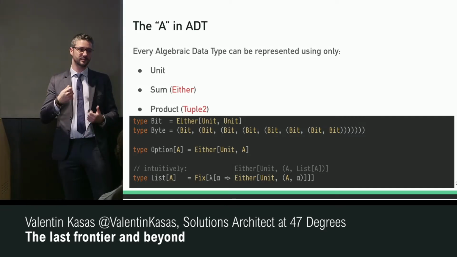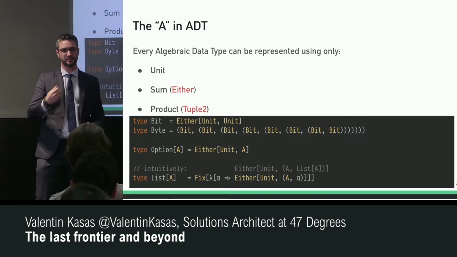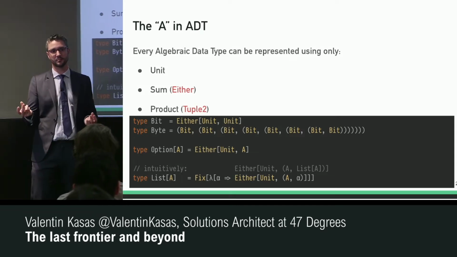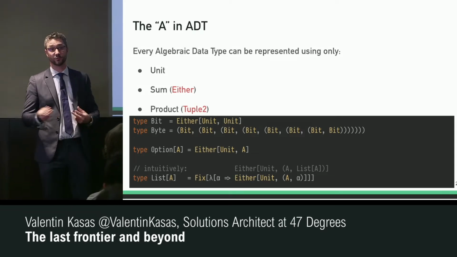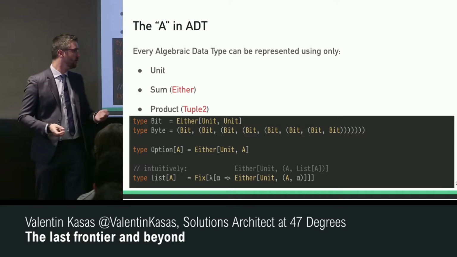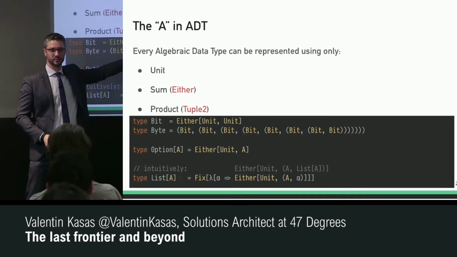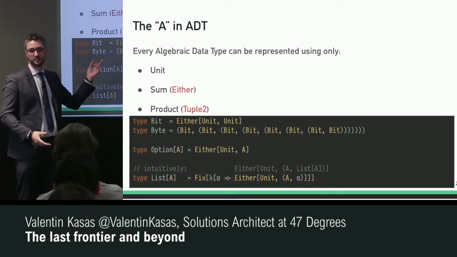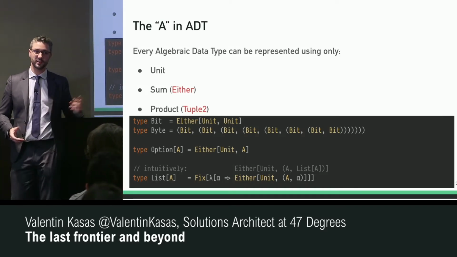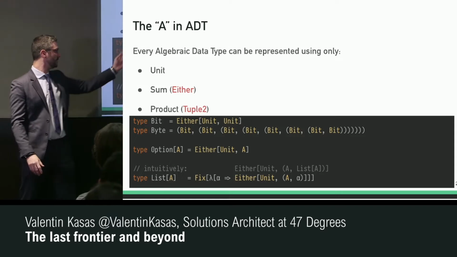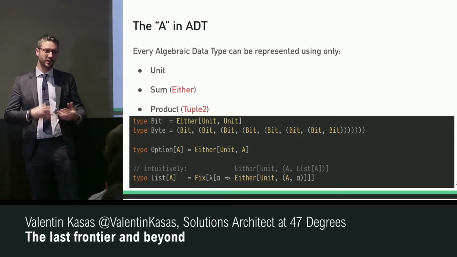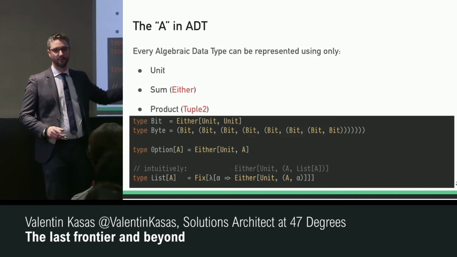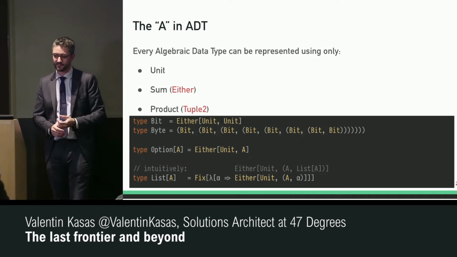Either A B has as many inhabitants as the number of inhabitants of A plus the number of inhabitants of B. That's why it's called a sum. So Either Unit Unit has 1 plus 1 equals 2 inhabitants. That's exactly the same as Bit, 0, 1. So there is an isomorphism between the two. Actually, there are multiple isomorphisms, because you can put the 0 on the left or on the right. Doesn't matter.